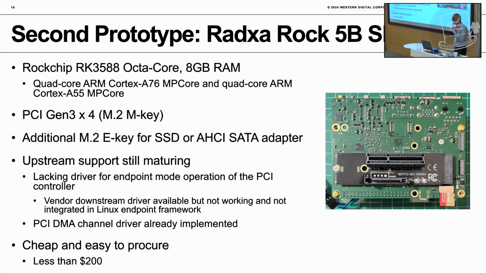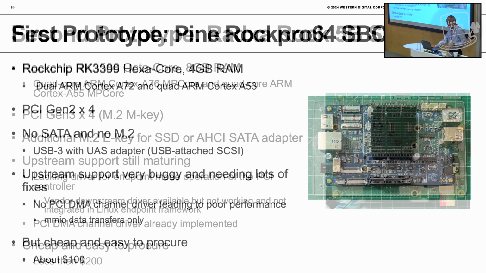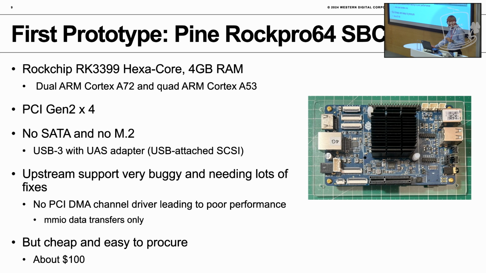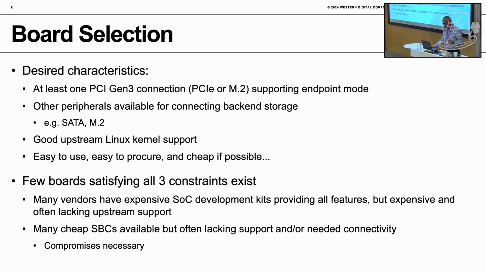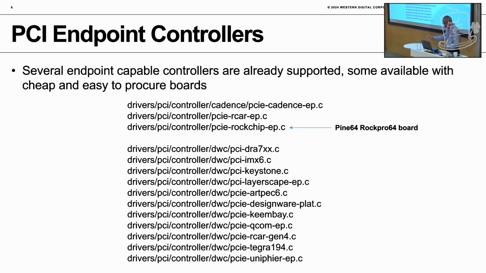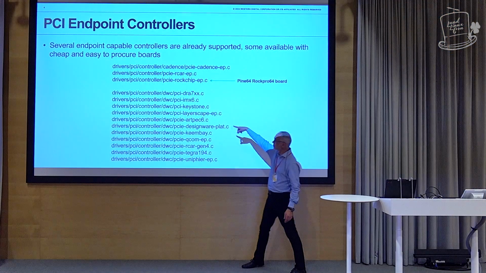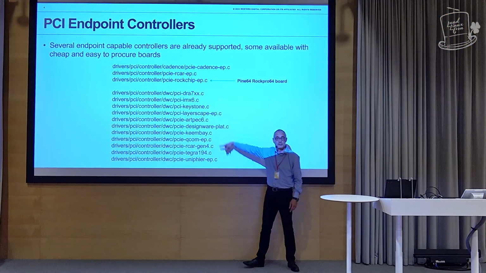The Rock Pro has a Rockchip IP block for the controller, but the 3588 switched to a Designware IP block. So you need some glue driver that is different from the other, but it becomes part of one of these. I mean, very similar to these.